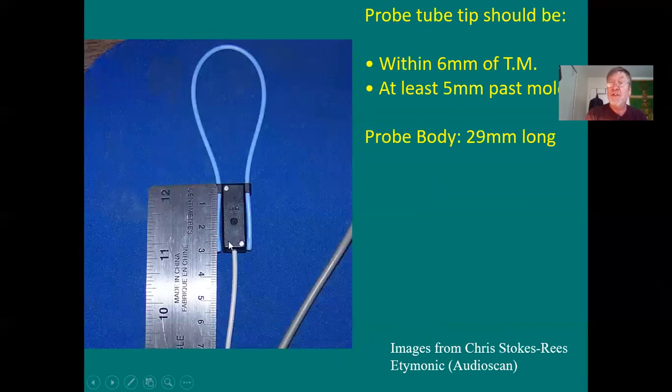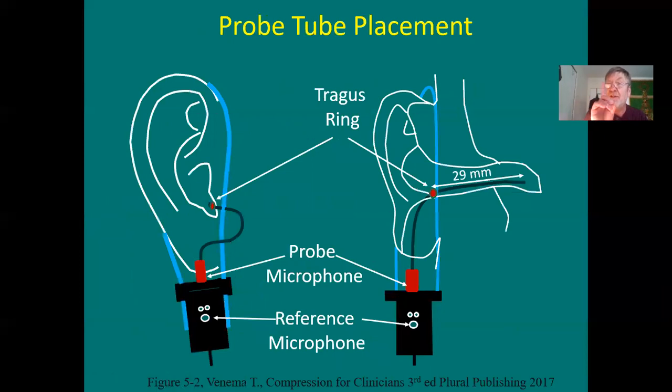You're doing this so that when you put the ring at the tragus, you then know, KNOW, that in the average adult, the tip of the tube will be about 5 millimeters from the eardrum. That's why you're doing this. Okay, that's the only reason you're doing it.